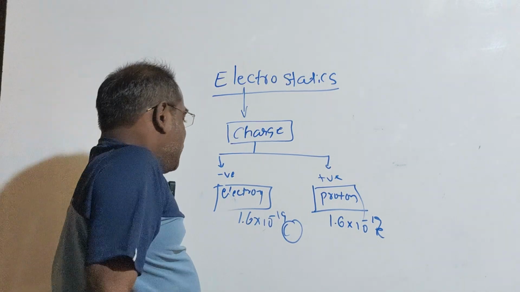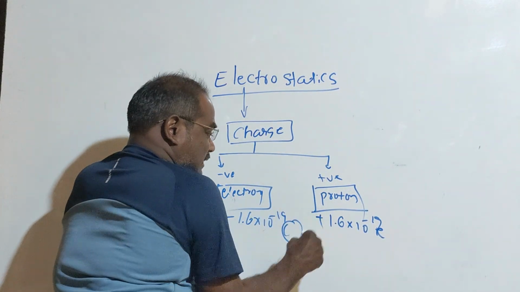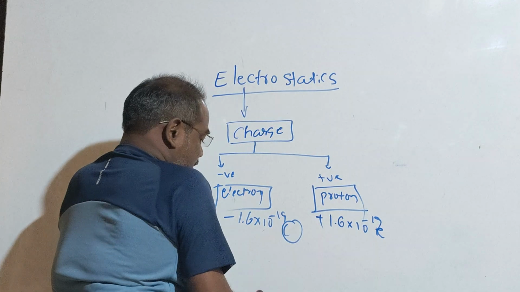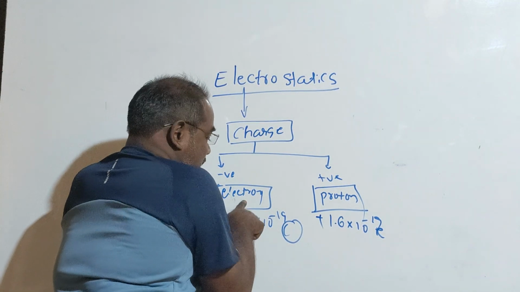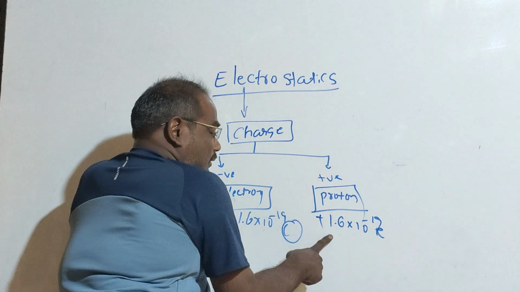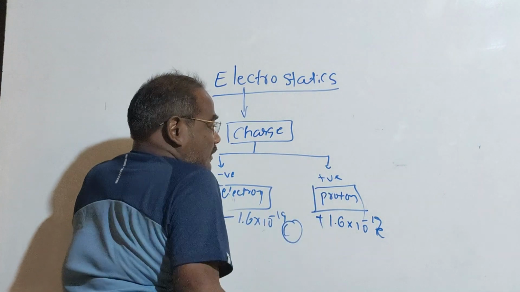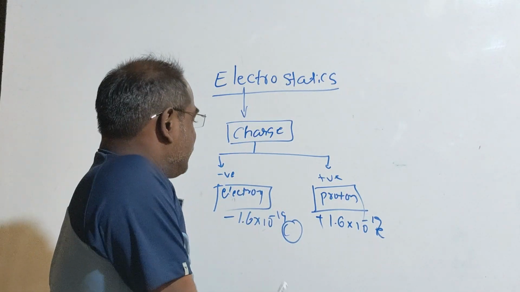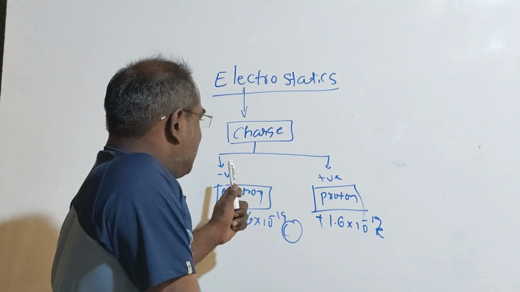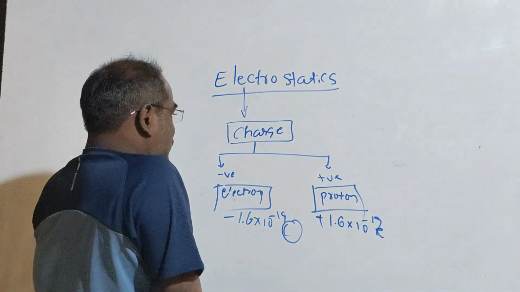The charge on electron is represented by a minus sign, the charge on proton by a positive sign. Minus 1.6 into 10 power minus 19 coulomb is the charge of an electron. Plus 1.6 into 10 power minus 19 coulomb is the charge of a proton. There are two types of charges: one negative, another positive.